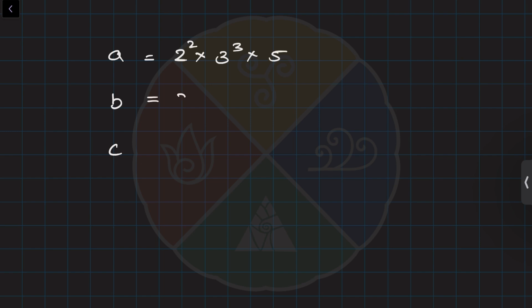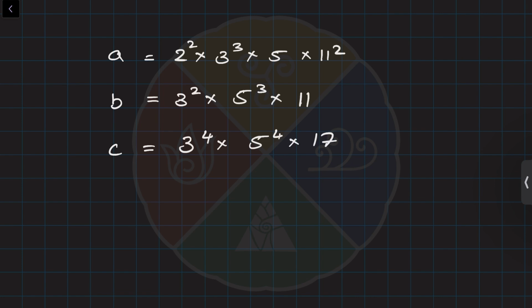Option B, 3 square into 5 cube into 11. Let me put 11 square here also. And the last number will be 3 raised to 4 into 5 raised to 4 into 17. Now, I imagine I have 3 numbers, and I'm going to find the HCF of these numbers.